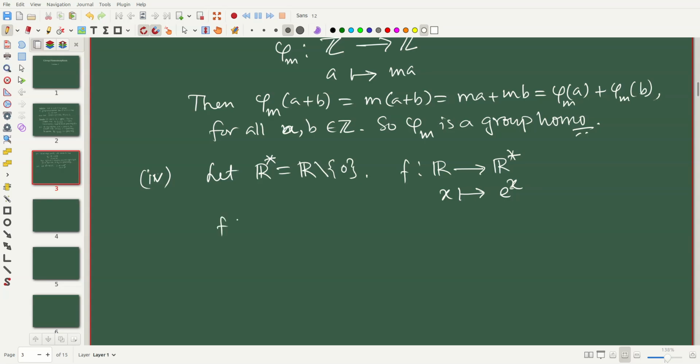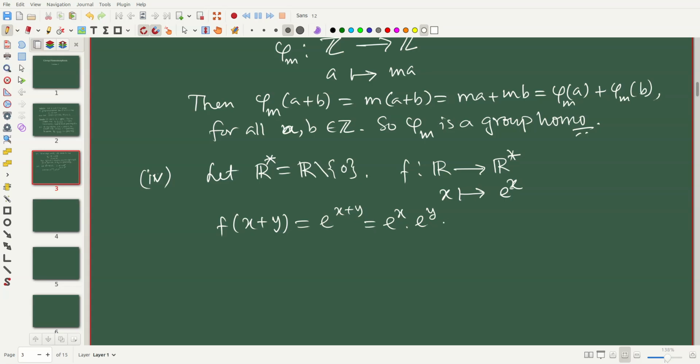Here R has the addition structure, so f of x plus y equals e to the power x plus y, which is equal to e to the power x times e to the power y, because on R star we have a multiplication structure.